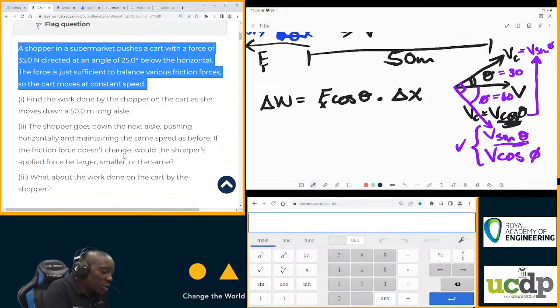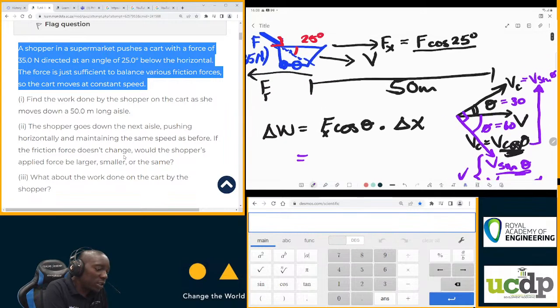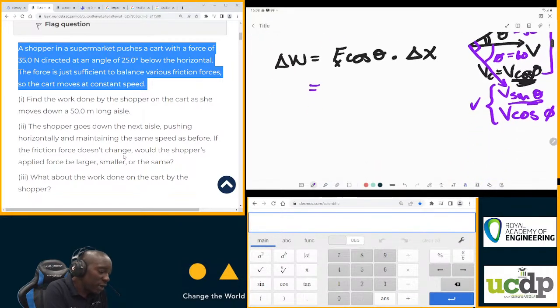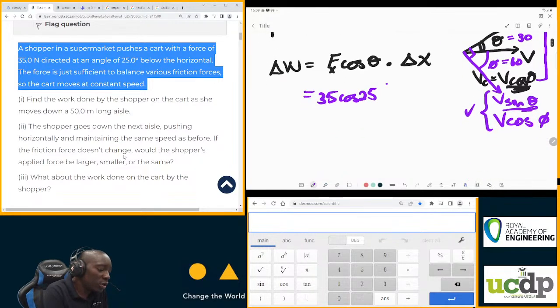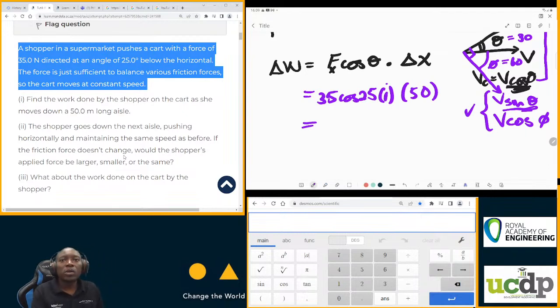Okay, so besides that, we've said that Fx is F cos 25. So F is 35. So we'll substitute 35 cos 25, then multiplied by cos theta. If our theta is 0 in this case, because Fx and the displacement are in the same direction, the angle is 0. So that's cos 0, which is 1, multiplied by delta x, which is 50. So that should give us something there.